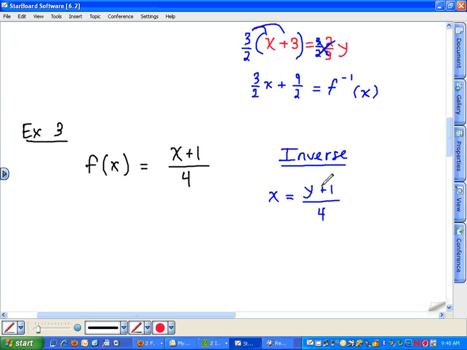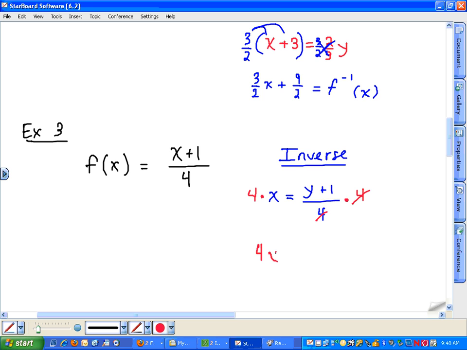Now we got to get y by itself. So would we want to subtract 1 first or divide or multiply by 4? We want to get rid of this fraction. So multiply both sides by 4. Because now dividing by 4 and multiplying by 4, then you subtract the 1.